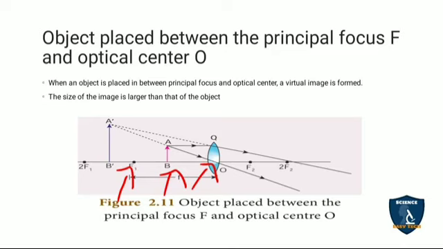Here the object AB is small. After the refraction, the image is formed at A dash B dash, but it is much bigger than the object. A straight image is formed, but very large compared to the object.